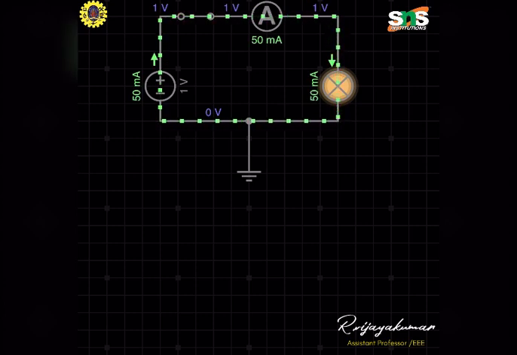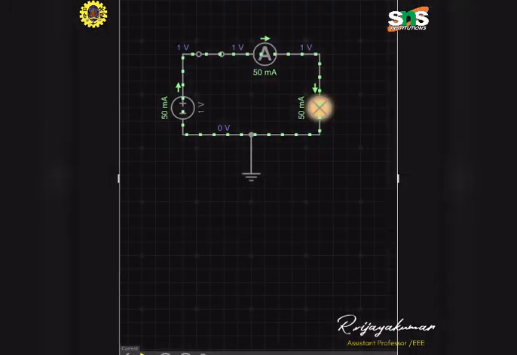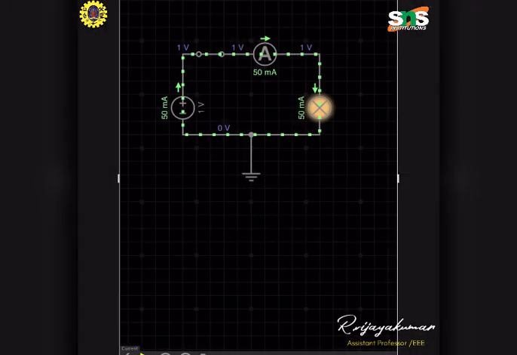It also shows the current value: 50 milliampere current is being taken by this load. I will explain how. In this circuit, what is the power value? Power P equals 50 milliwatts of the lamp.